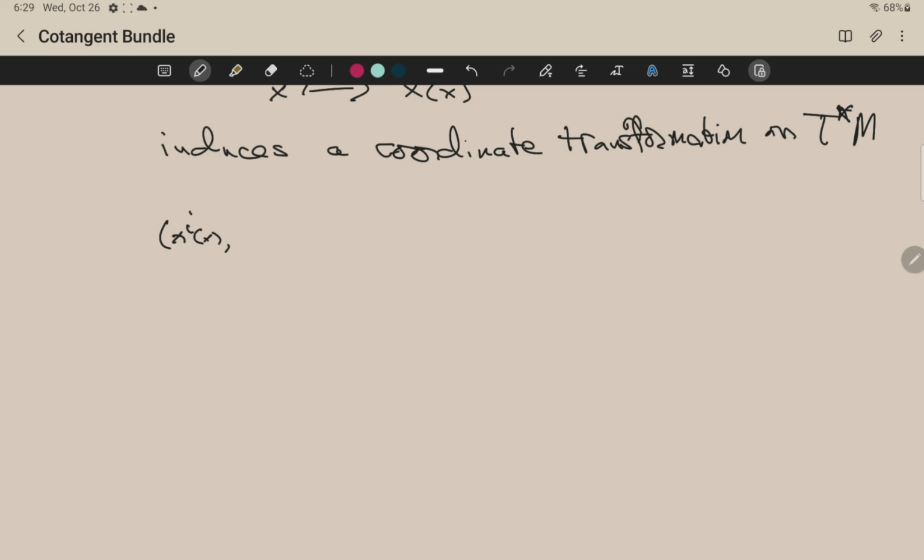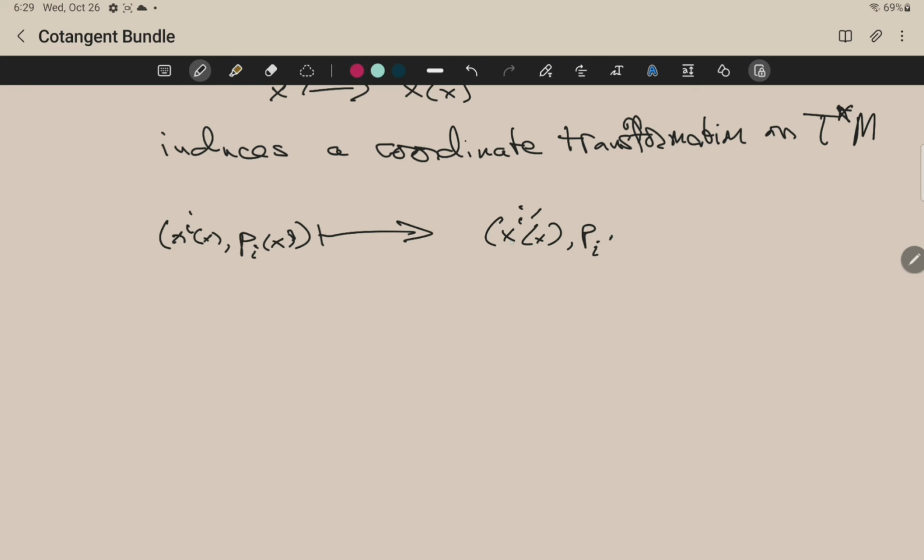Here's how we define it. On the cotangent bundle, you have x here as the point on M, and then p here is the momentum, or the conjugate variable to the velocity in this cotangent space. It gets mapped to this.